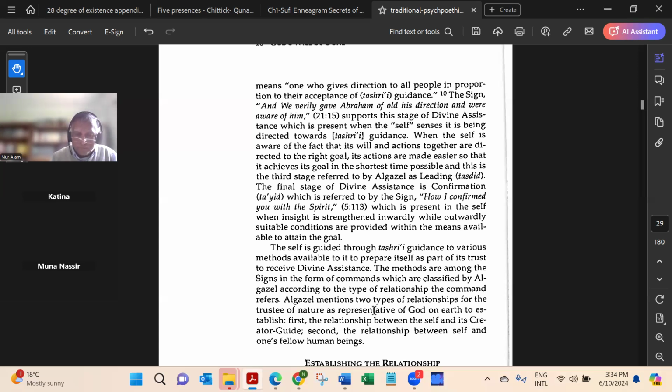That's what he's quoting from. So what it says is basically when we are seeking guidance, we just look into both sources of guidance, right?